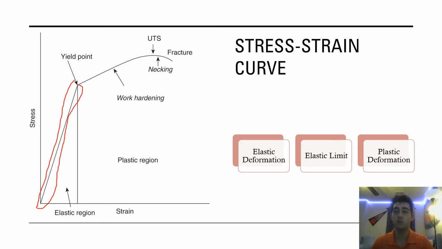This is the elastic region. Right at the point where the linear section ends and this curve begins is the plastic region right here, and we call this the yield point, or the elastic limit, the proportional limit. After this point, the material will experience plastic deformation in this curve and not return back to its original shape.